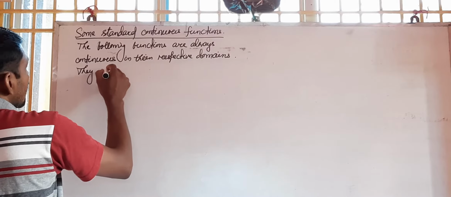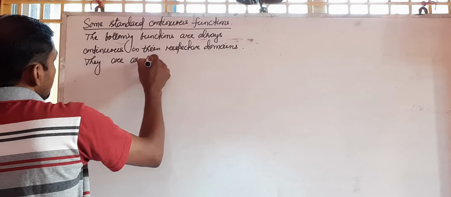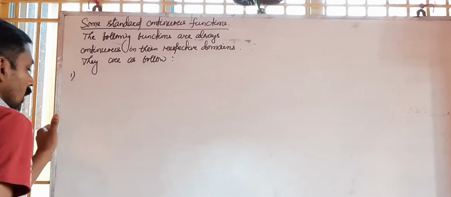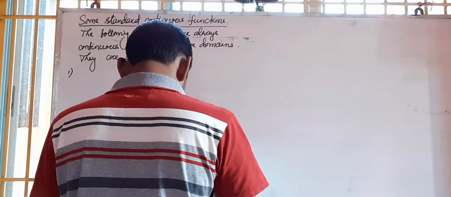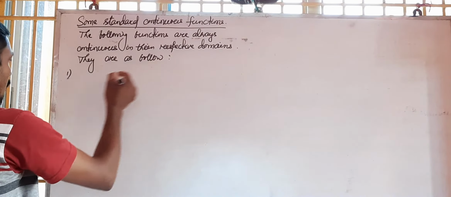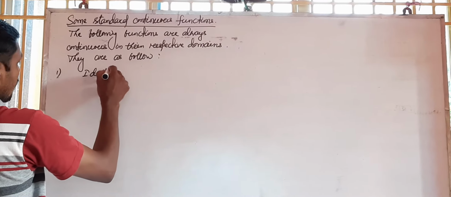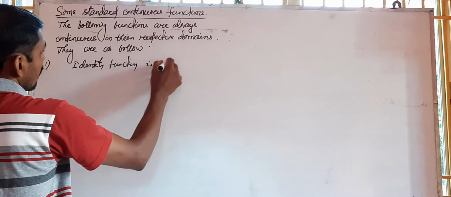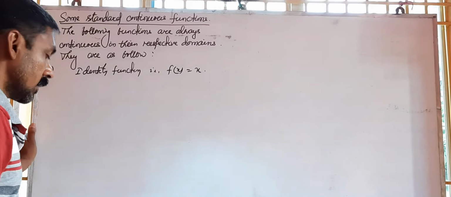And what are those functions? They are as follows. First is the identity function, which is in the form f(x) equal to x.